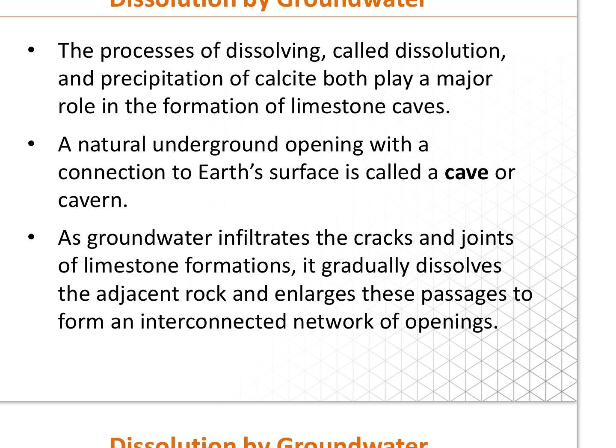All right, so this set of notes right here reminds us that dissolving or dissolution and precipitation of calcites play a role in the formation of limestone caves. So a cave or cavern, if you've been to like Howe Caverns, you know that it's a big underground limestone cave.